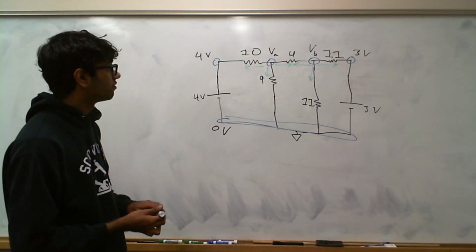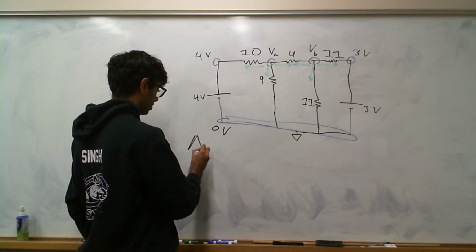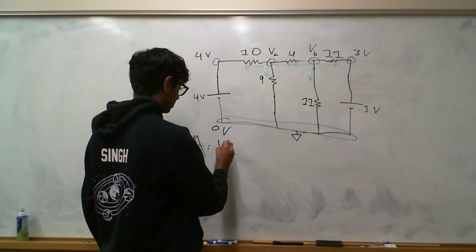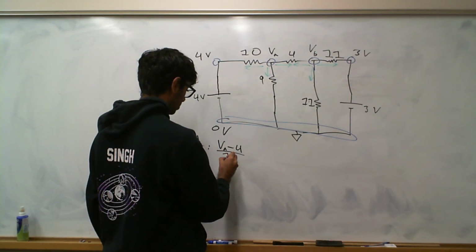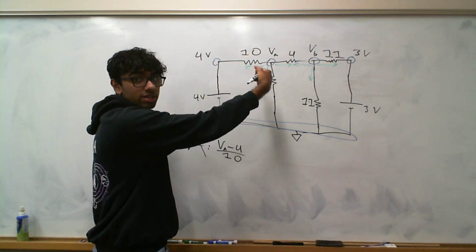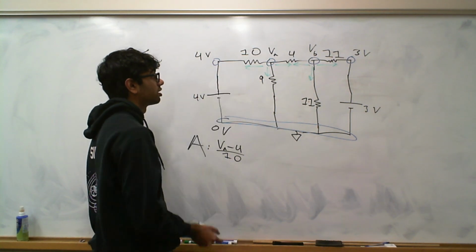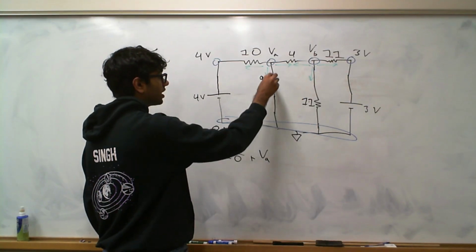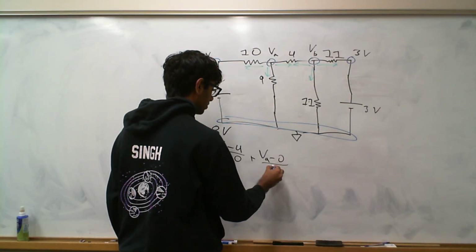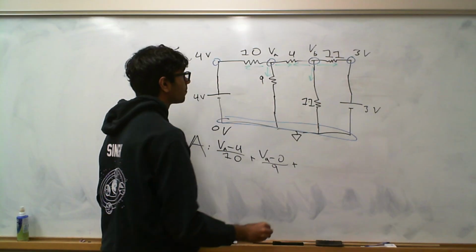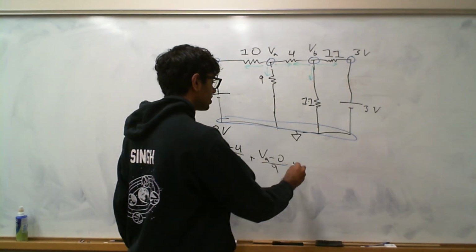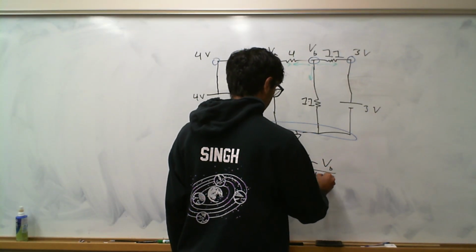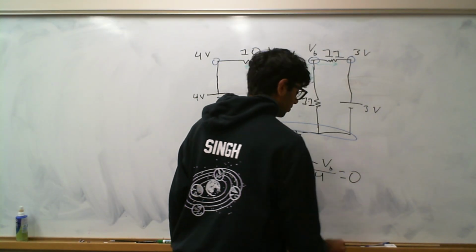So, for VA, VA minus 4 over 10, that's the first current, and going in that direction, right? 4 minus VA divided by resistance, plus VA minus 0 over 9, plus VA minus VB over 4 equals 0. Okay?